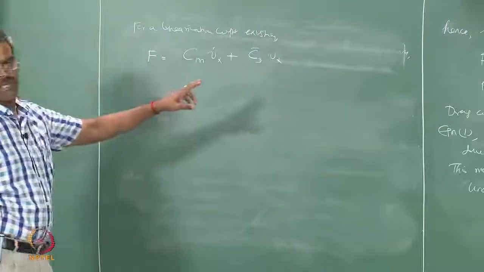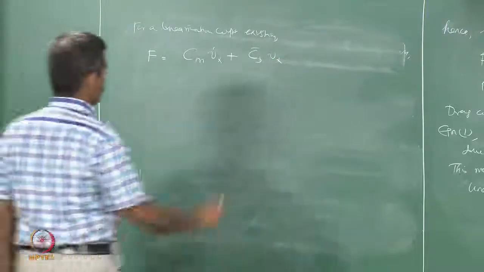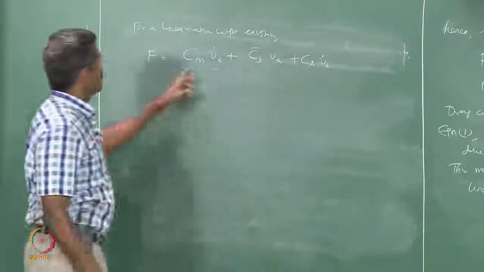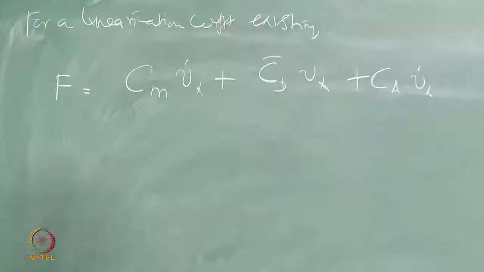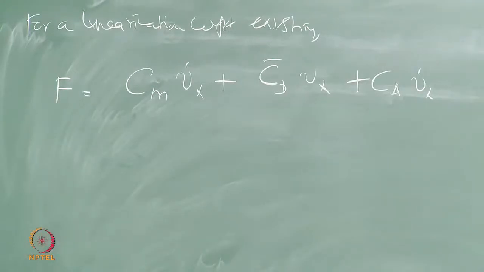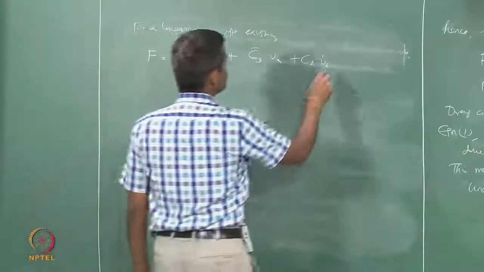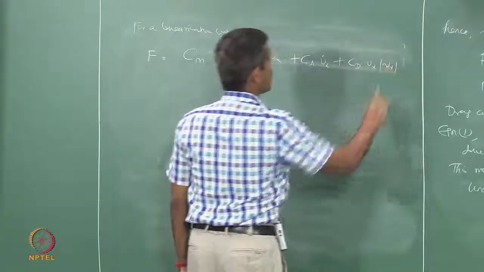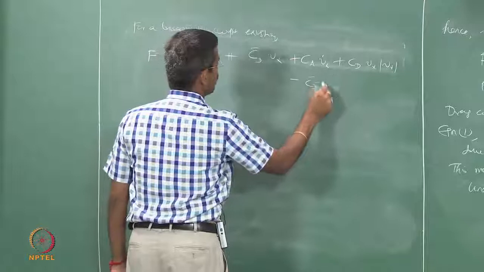There is no multiplier of Vx again here, which of course will have the pressure coefficient Ca Vx bar, because there are two components available in the inertia force, plus CD Vx absolute Vx minus CD bar Vx.